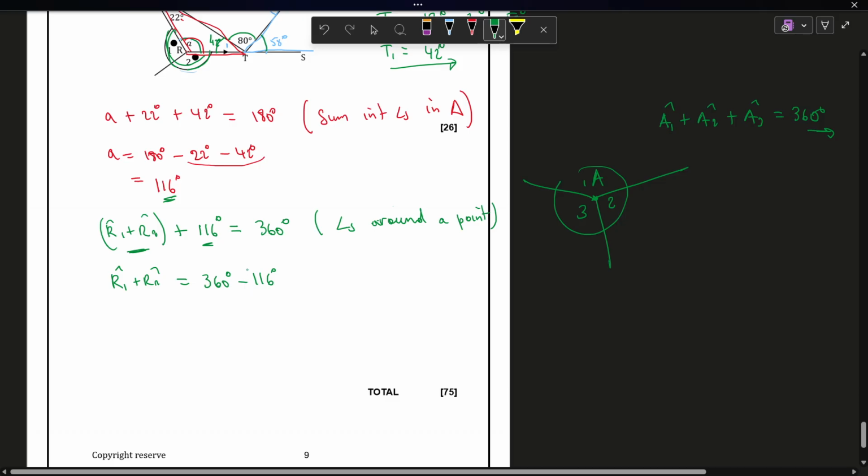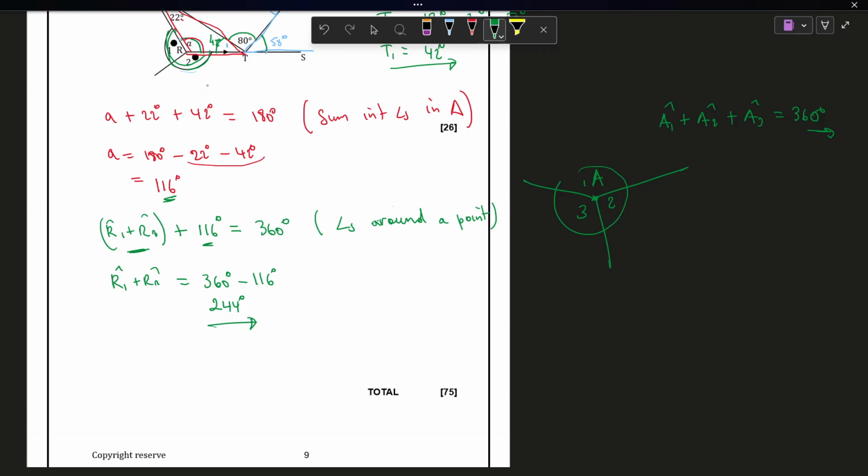Again, we use the calculator. So we're going to have 244 degrees. I'm sure that will be the correct answer.